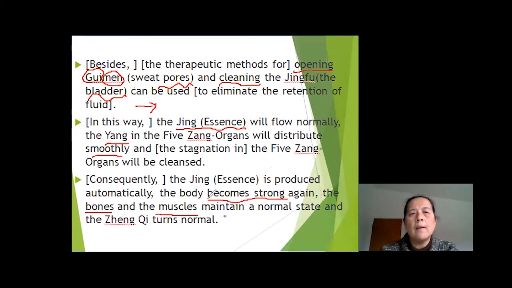So yang qi turns back to normal. Basically this part talks about treating illness where internal organ yang qi deficiency causes edema, and how we can treat this kind of condition.